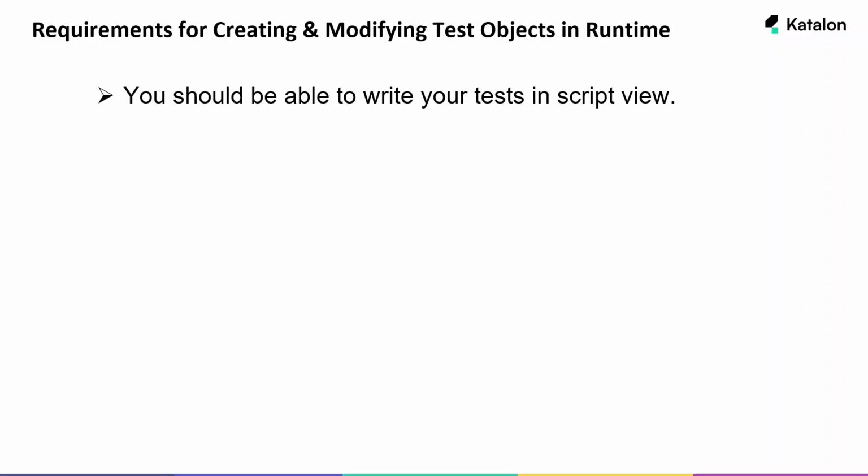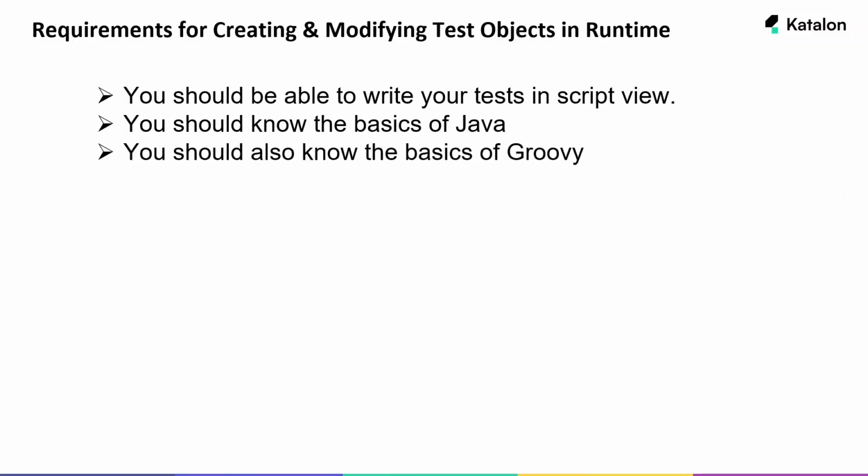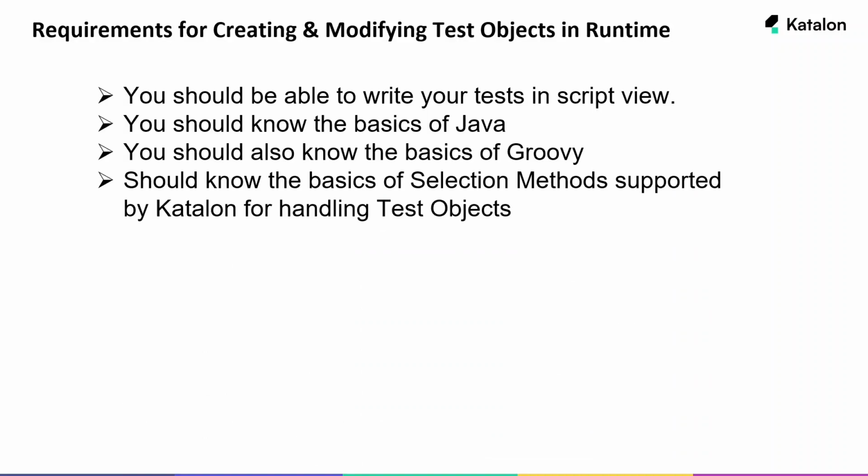Basically, you should be able to write your tests in script view of Katalon Studio, you should have a basic knowledge of Java, you should know the basics of Groovy, and also you should know the basics of selection methods supported by Katalon Studio for handling test objects.